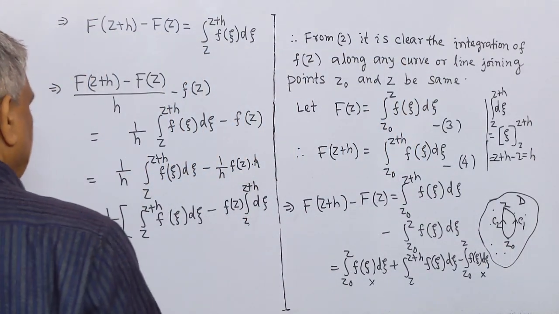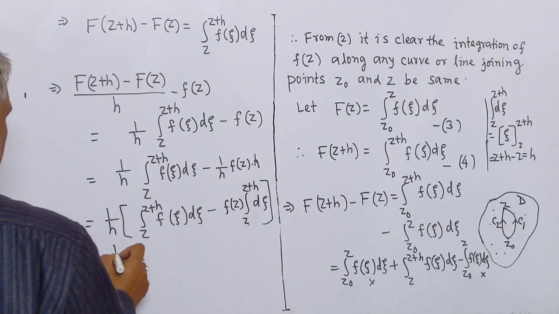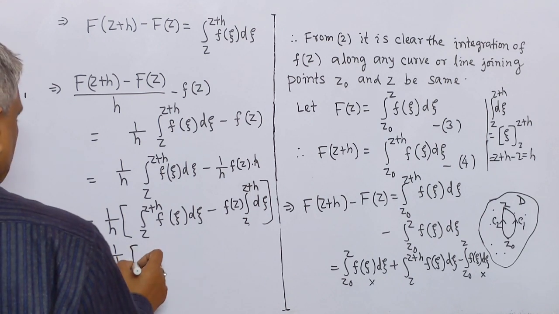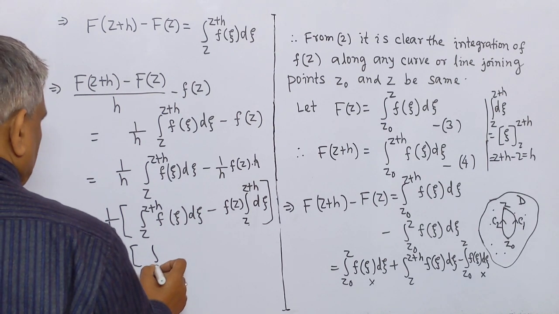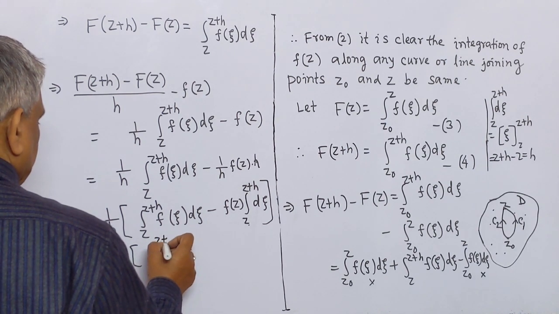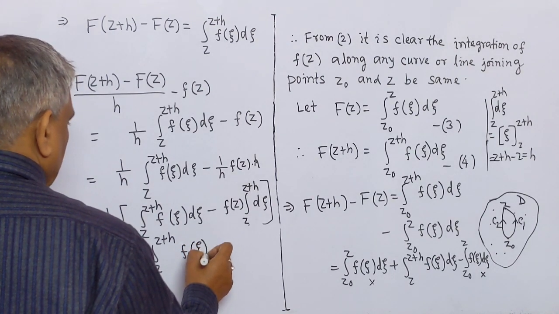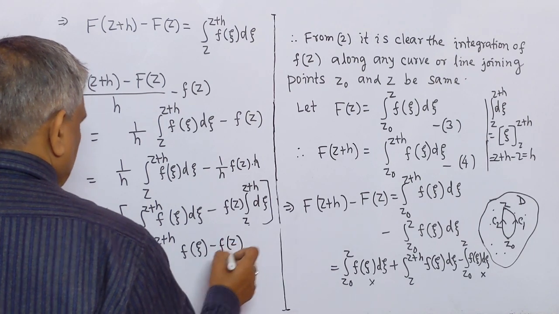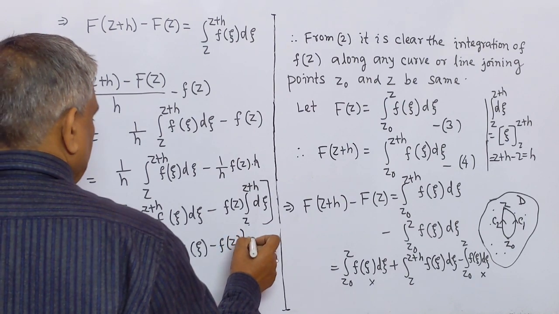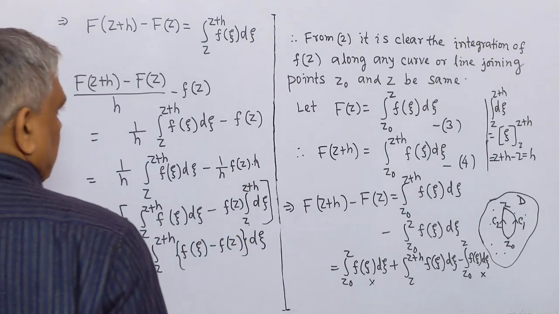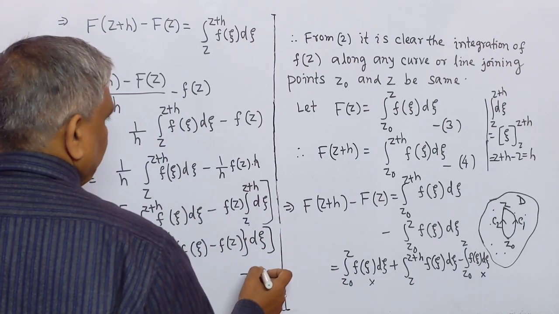So we may write this, bracket closed, equal to 1 by h times the integration from z to z plus h of f(xi) minus f(z) d xi. Let this be number 5.